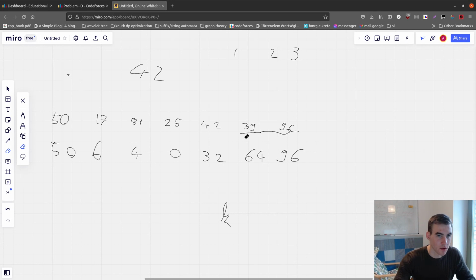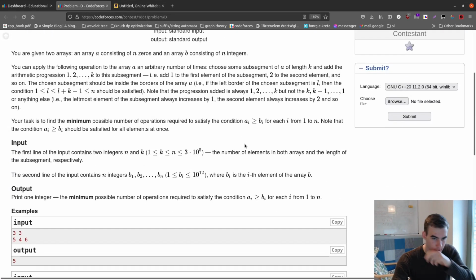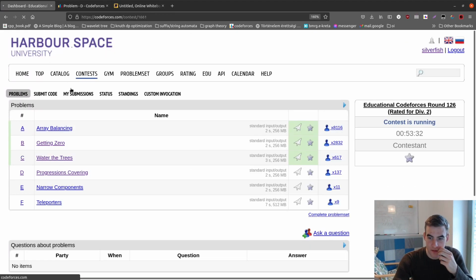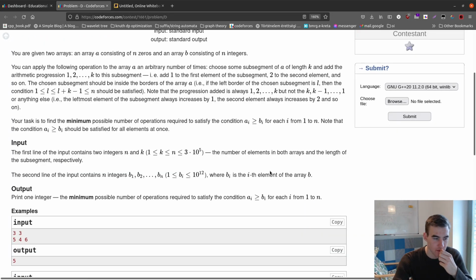And now I'm thinking of how to execute this. I could use some sort of segment tree, but I think it should be easier than that. Might not be.